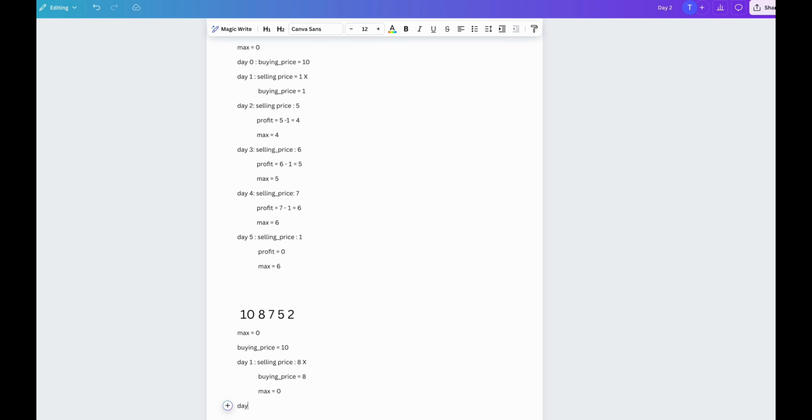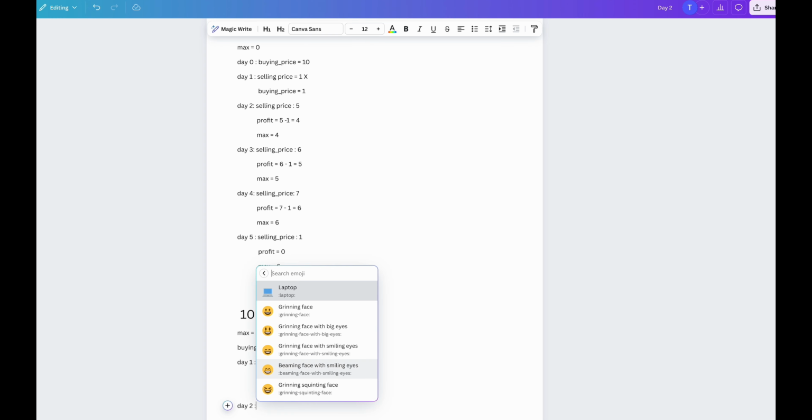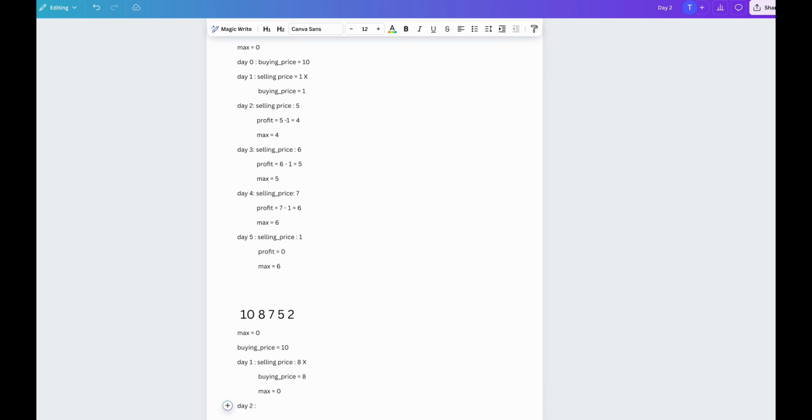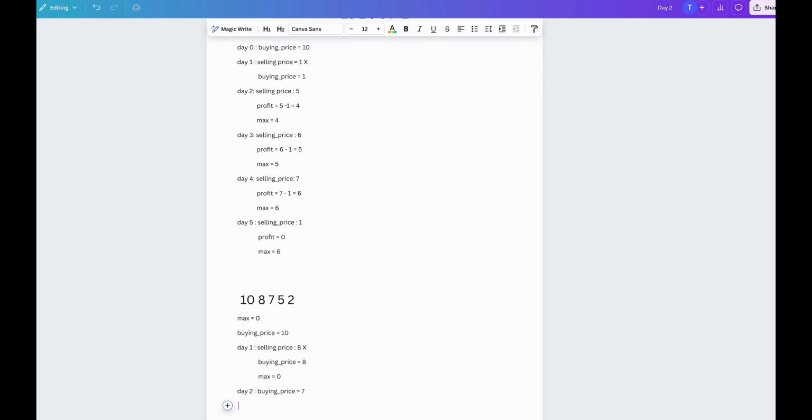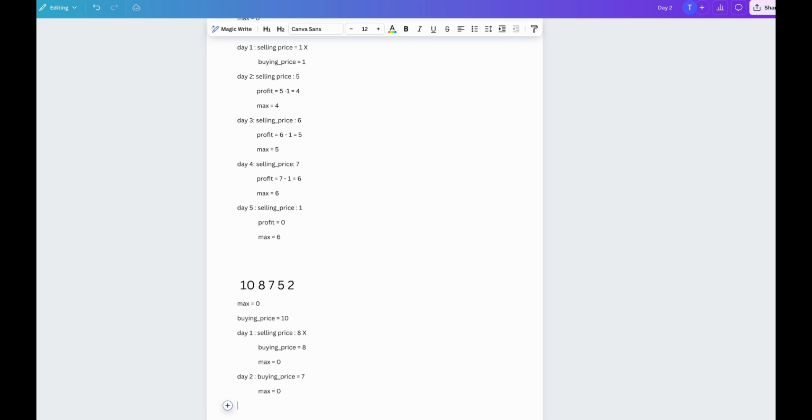On day 2 as well, if I consider 7 as my selling price, then I'm basically going lower than my buying price. So my buying price will update, because it is going to be 7 in this case. Again my max is going to remain 0 because I don't get any profit on this day also. On day 3 again I'm gonna buy it, because my buying price is equal to 5.